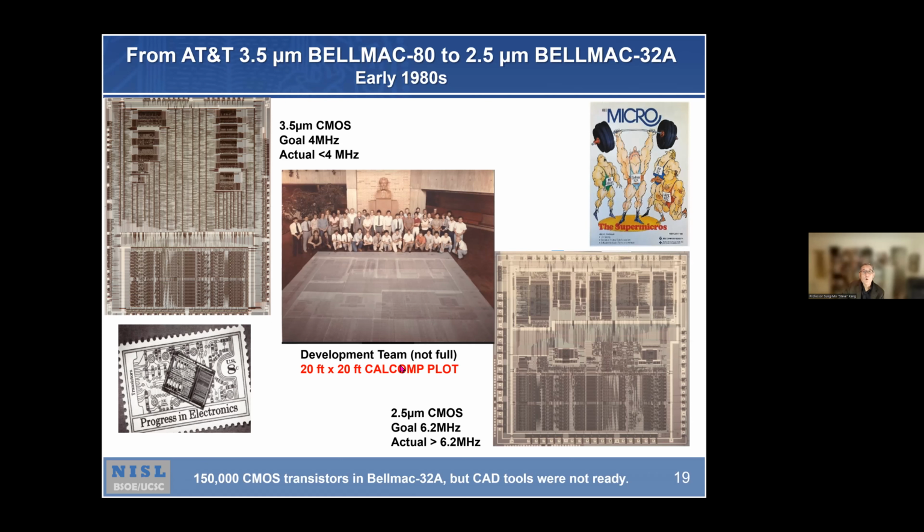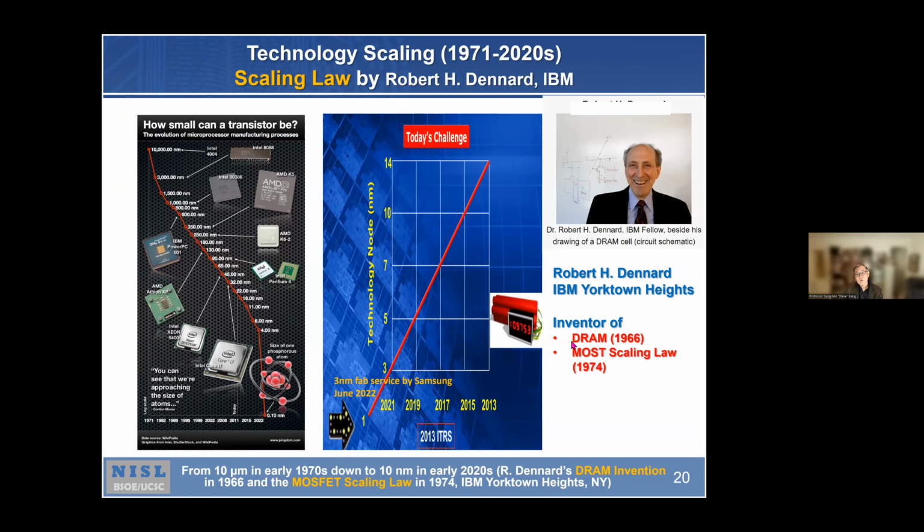We also owe a great deal to Robert Dennard at IBM. He was brilliant. He was one of the inventors of the DRAM chip, but equally importantly, he introduced what is called the scaling law. How do you do the scaling of integrated circuit technology? All the device scaling, wire scaling, and then performance and so on.